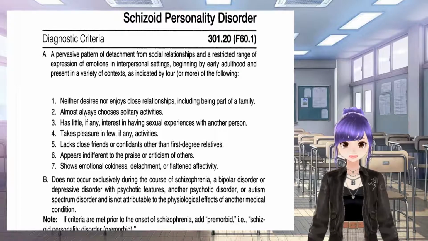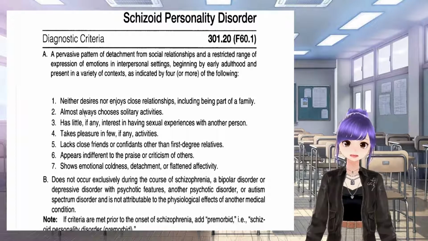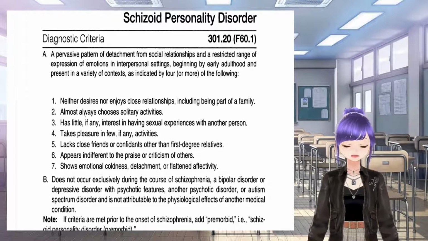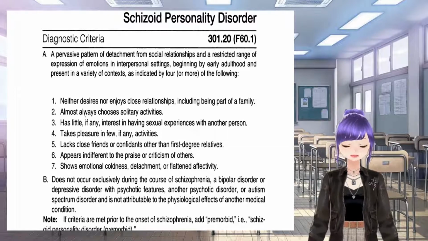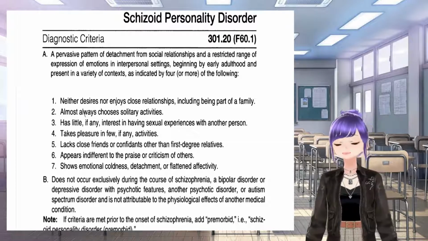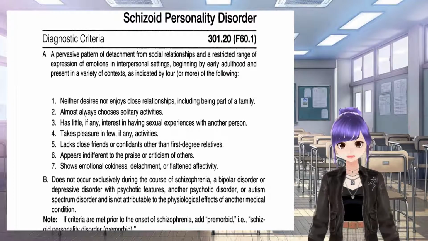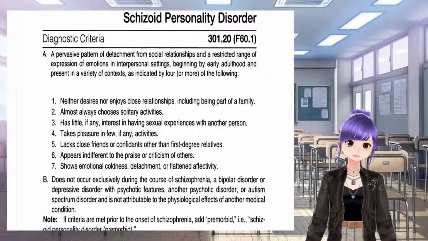So as you can see, schizoid personality disorder kind of shares similar symptoms with schizophrenia or possible schizophrenia, like for example, the flattened affectivity, the anhedonia, okay, or the no desire for close relationships. In schizoid personality disorder, they are often loners or alone. They don't enjoy close relationships, even being a part of a family, and always choose solitary activity.